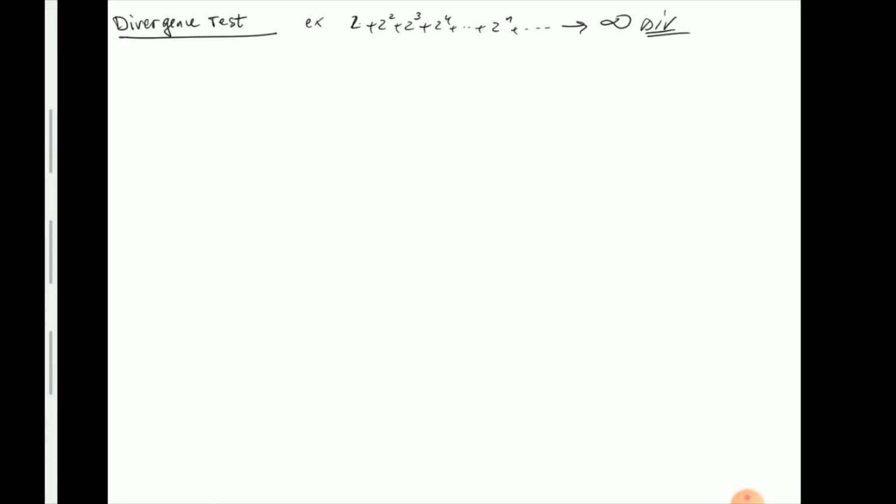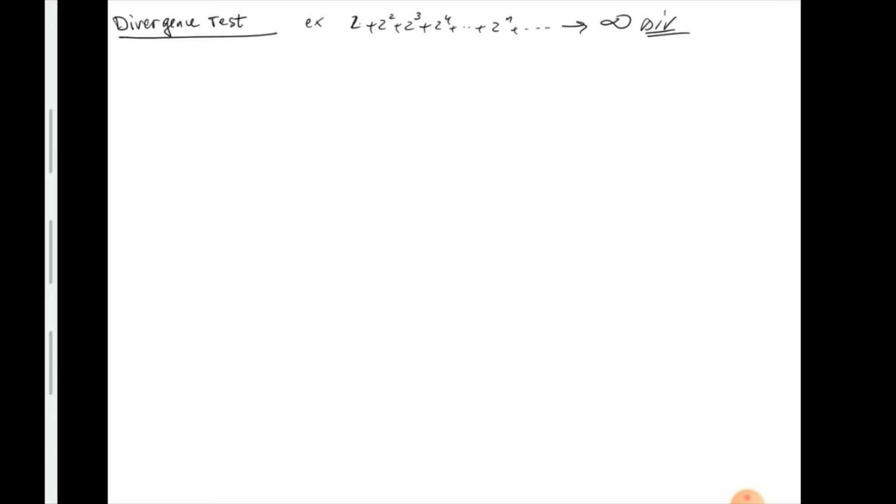But the obvious case in which it's divergent is if you keep on adding up stuff that doesn't get smaller and smaller, but in fact, like in this extreme case, gets higher and higher. Clearly that summation will diverge.